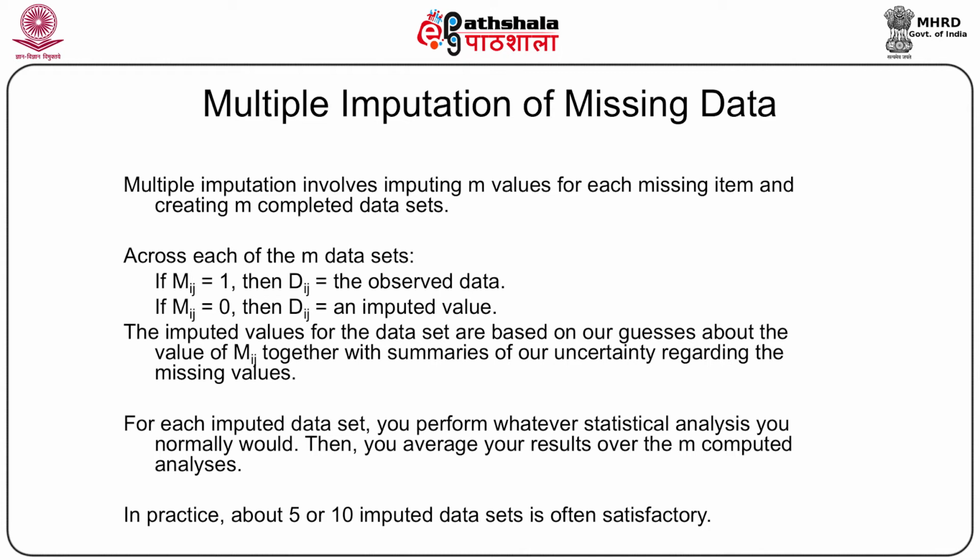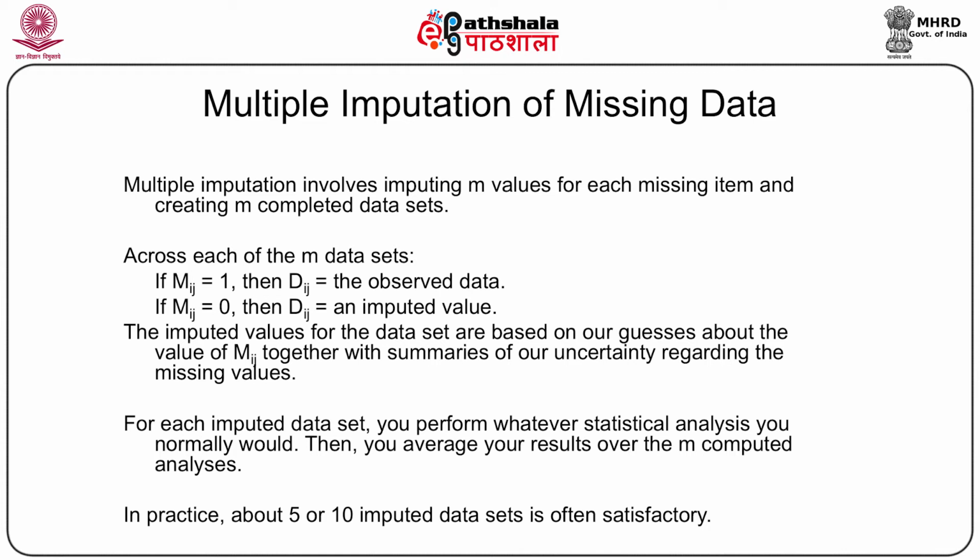Multiple imputation involves imputing m values for each missing item and creating m completed data sets. Across each of the m data sets, if uppercase M sub ij equals 1, then d sub ij will be the observed data, and if M sub ij equals 0, then d sub ij will be an imputed value.